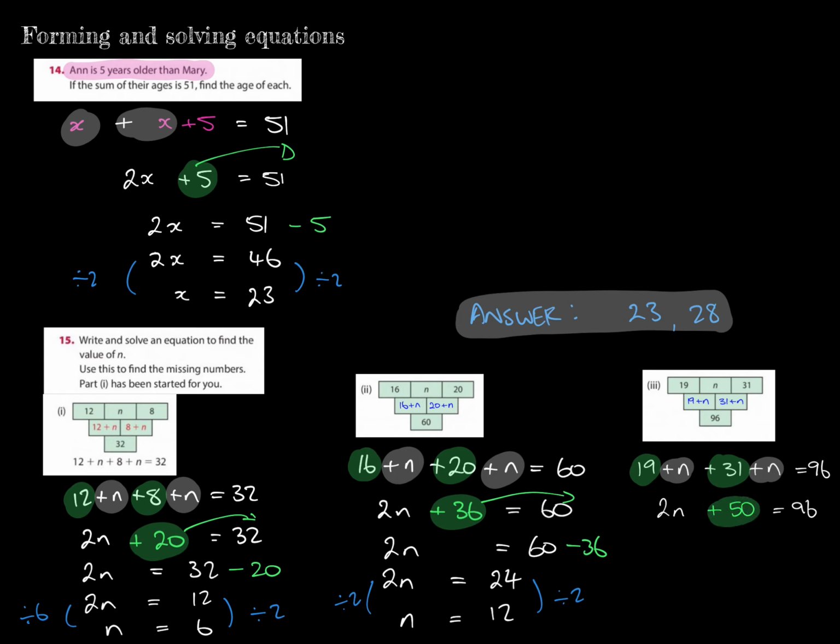So I'm going to bring all my numbers across to the right hand side. I'll end up with 2n equals 96, and obviously if it's moving across, it'll turn into a minus 50. So 2n will be equal to 46, so 1n will be equal to 23. Again, I'm dividing by 2 because if I want to turn 2n into 1n, I have to divide by 2.